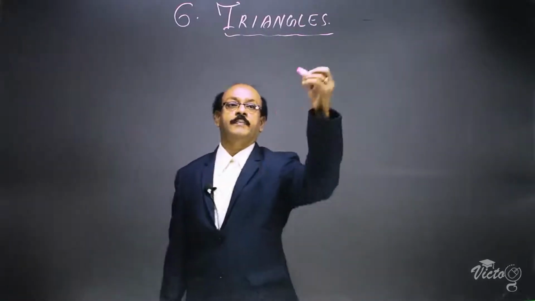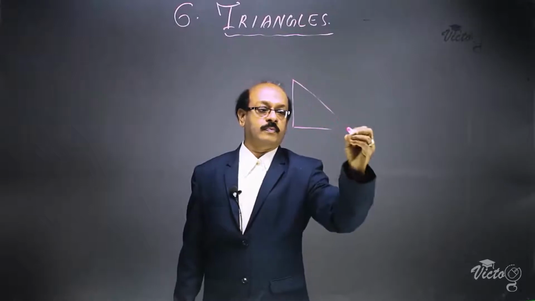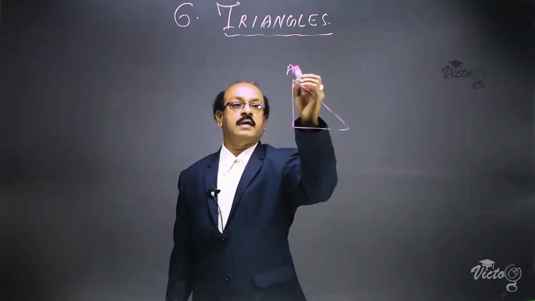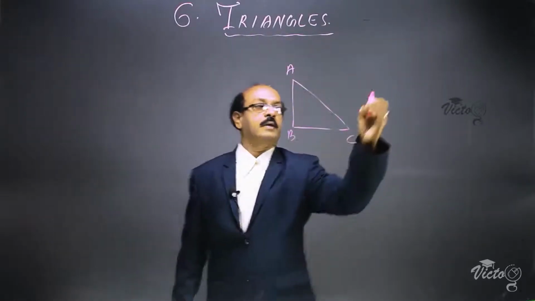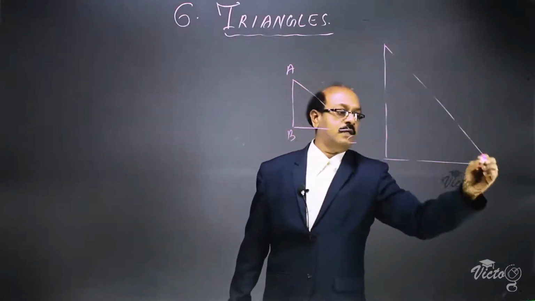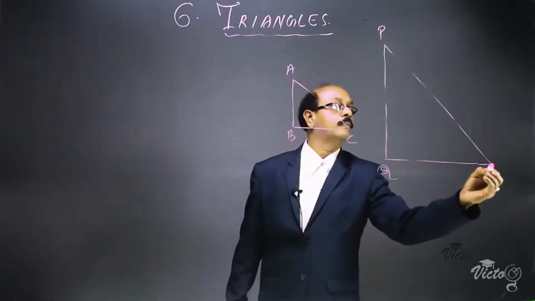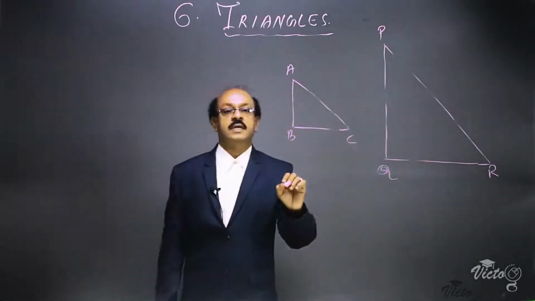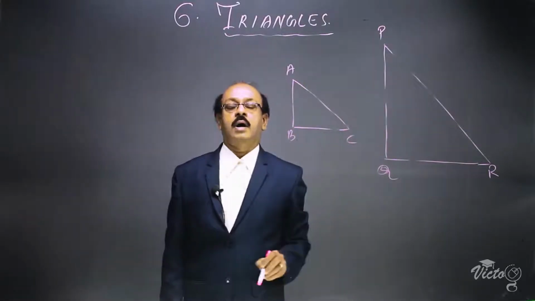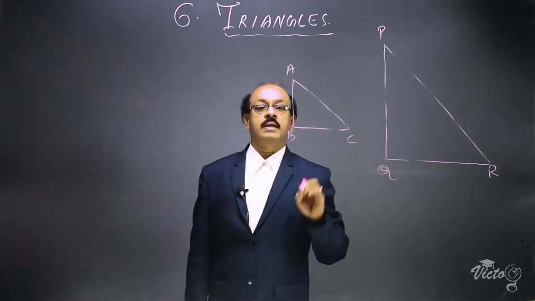For example, this is a triangle ABC and this is another triangle PQR. If triangle ABC is similar to triangle PQR, then the ratio of their corresponding sides will be equal.